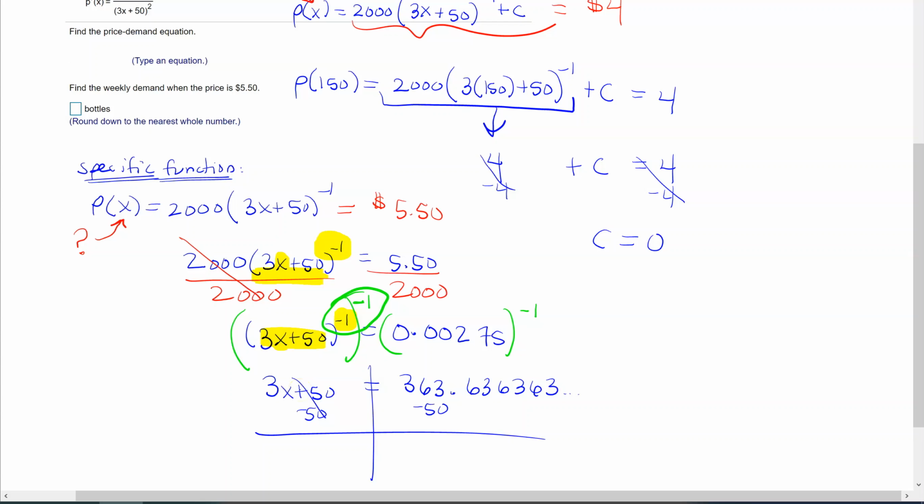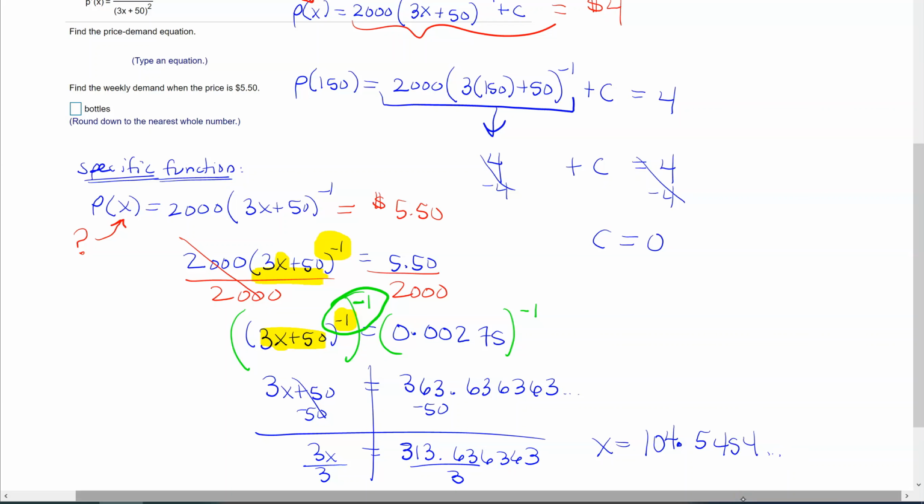So I'm subtracting 50. And again, I have a long decimal number. I'm just going to keep it running in my calculator, but I'll write a couple decimal places down here. So now, divide both sides by 3. And I get x is 104.5454, repeating.